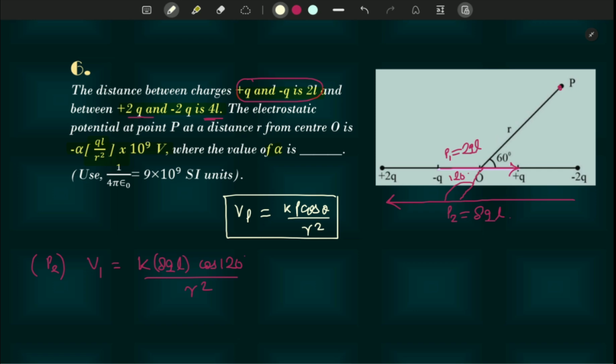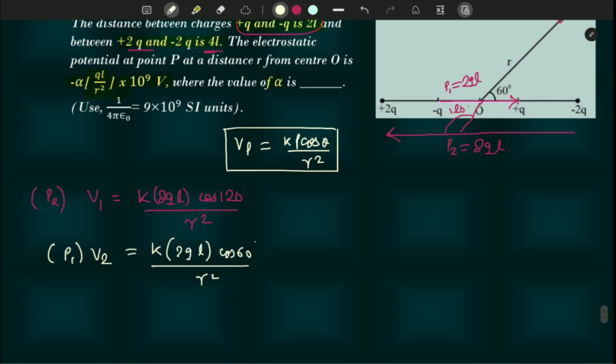Now V2, this is for the P1 dipole. This is k, 2qL cos of 60 degrees by r square. So the net potential V is V1 plus V2. V1 will come out, cos 120 is what? Minus half.